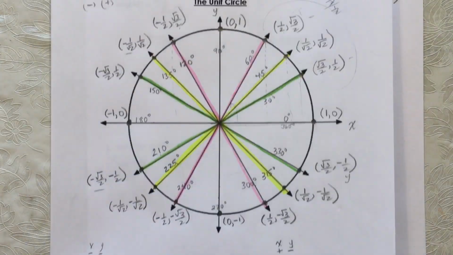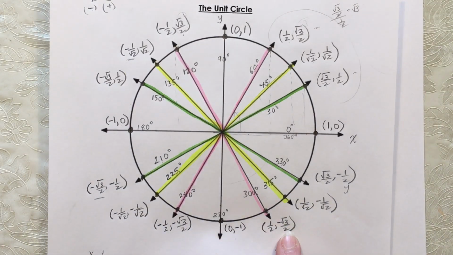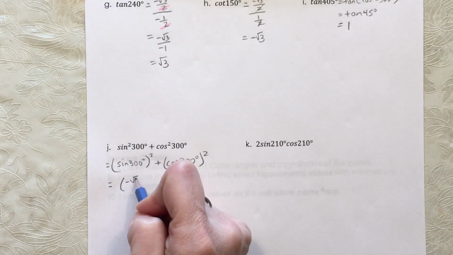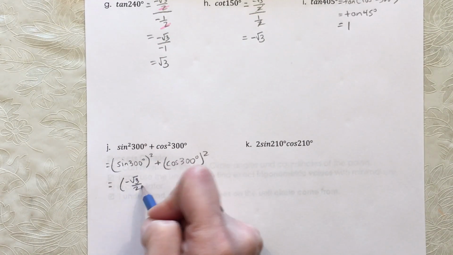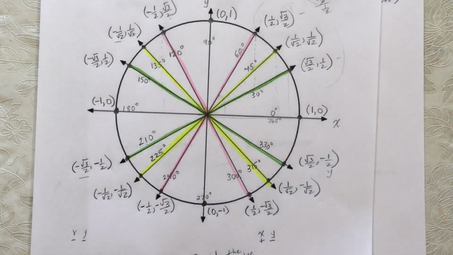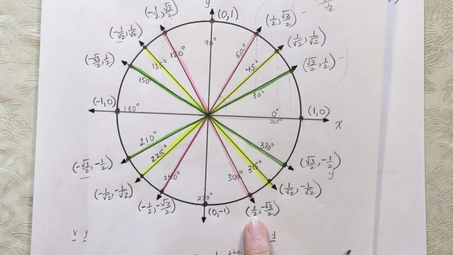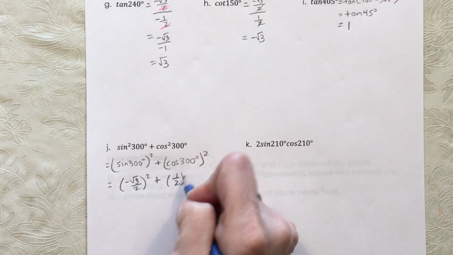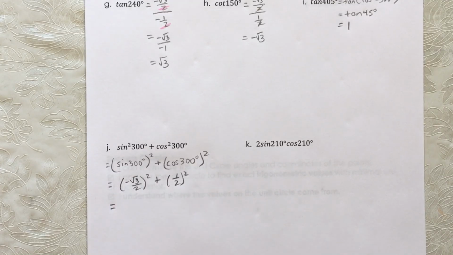So the sine of 300, the y value at 300, is negative root 3 over 2. But we're squaring it. The cos of 300 is 1/2, the x value. We're squaring it as well.